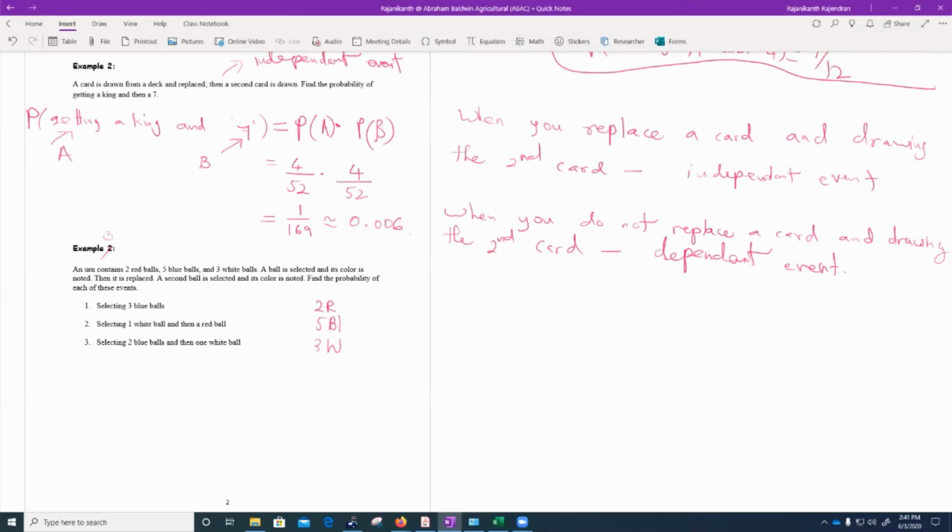In total, how many balls do I have here? There are 10 balls. We are selecting one of those and looking at what color we got. Then we are replacing and getting a second one. Since you are replacing, the two events are again going to be independent events. So it is an independent event problem.